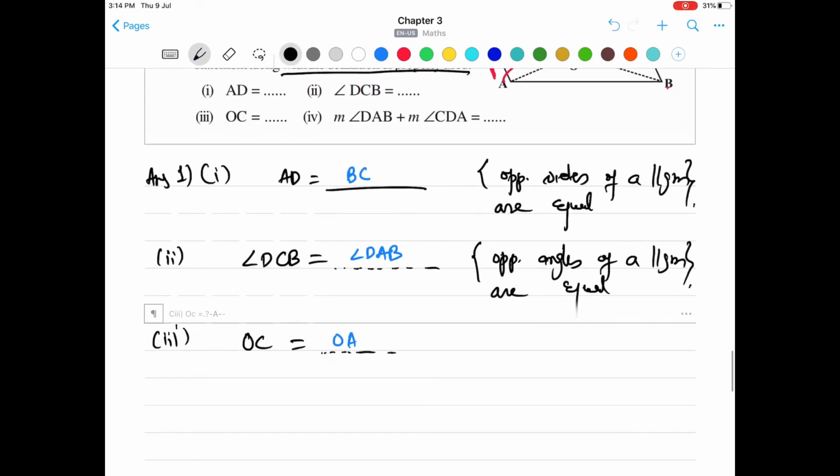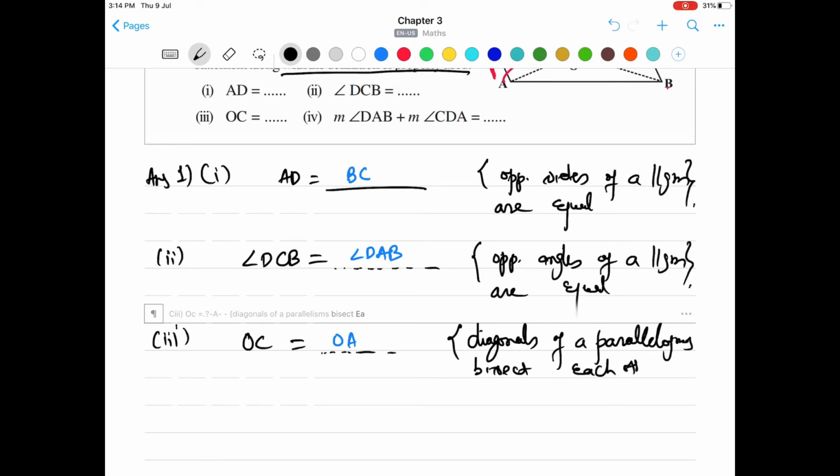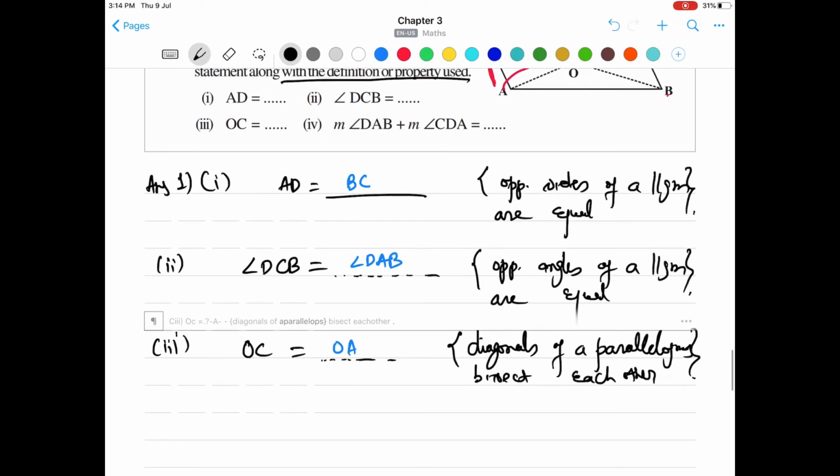The reason for this one is diagonals of a parallelogram bisect each other. That's why these two are equal.